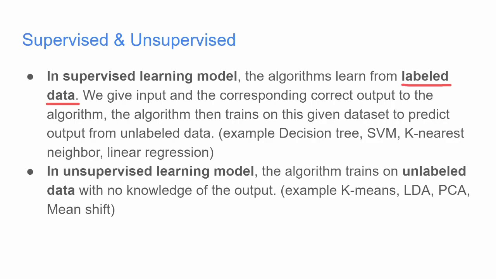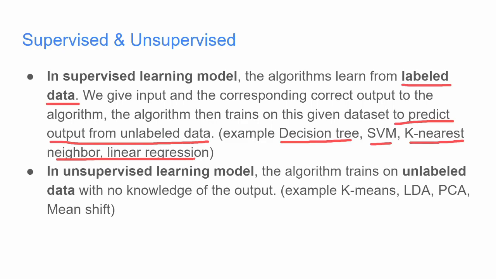The algorithm then trains on the given data set to predict the output from unlabeled data. Examples of supervised machine learning algorithms are decision tree, SVM, k nearest neighbor, and linear regression.